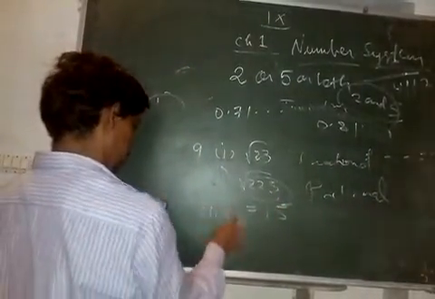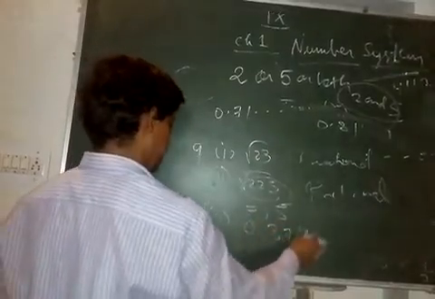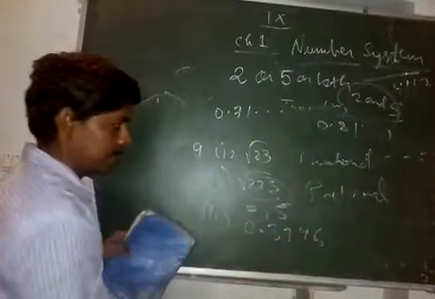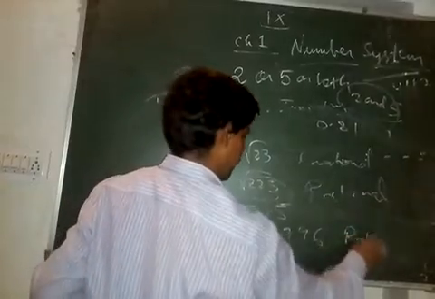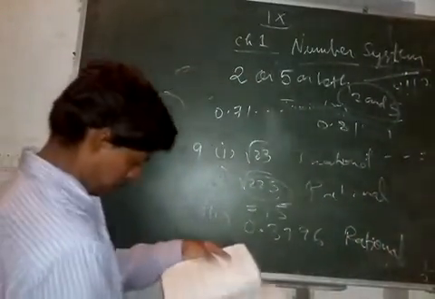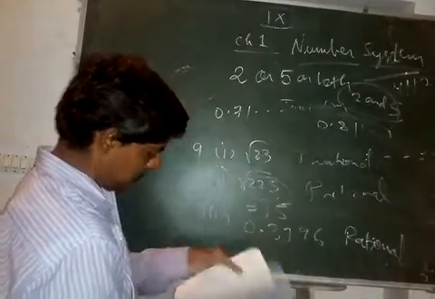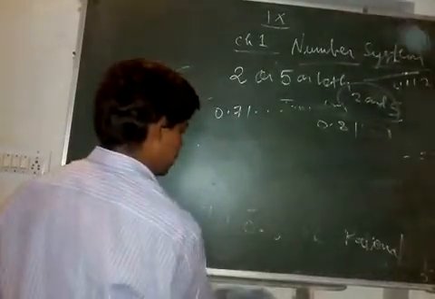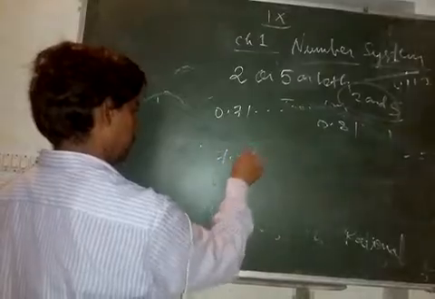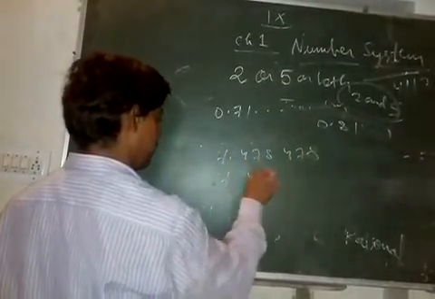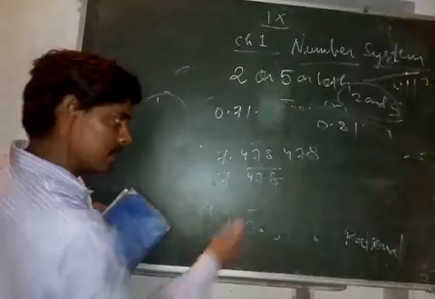Next is 0.3796. This is a terminating decimal. A terminating decimal is always rational. Next is 7.478478. This is repeating because you can write 7.478 with a bar.